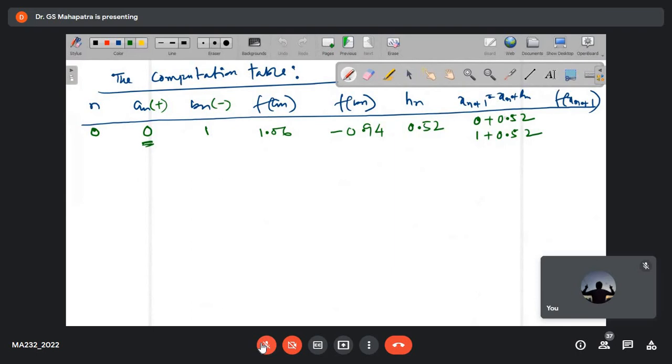So what will be the answer? This should not be the answer. Now, just 0 plus 0.52. I will erase both and I will write. So 0 plus 0.52. So now f of 0.52.